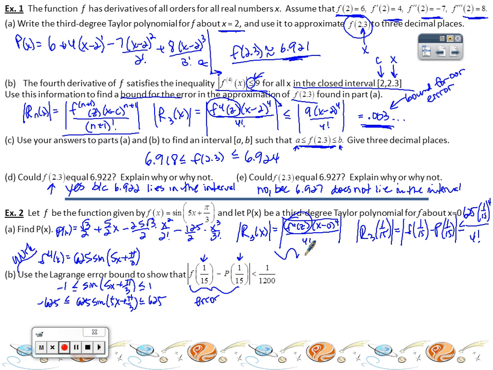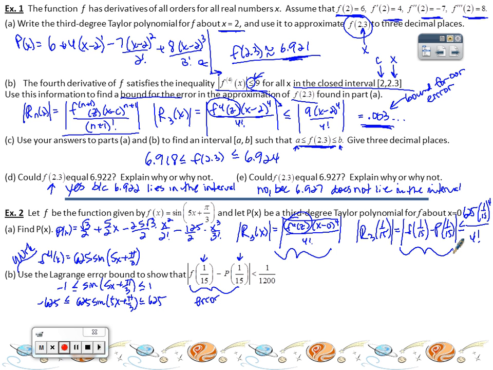That's my error that I just substituted everything into. Do I need absolute values around this anymore? No, those are all positive numbers, aren't they? Our maximum derivative value is actually a positive number, so we already knew that these things were going to be positive. And how did I get the 1/15th? Isn't that the x value that we're estimating at? Yeah, that's what we're calculating the error for. I wrote this like they wrote that, because we're answering the question that they asked us.